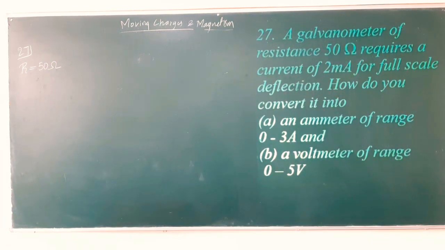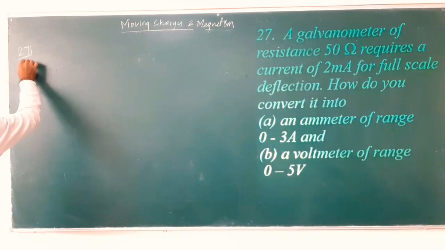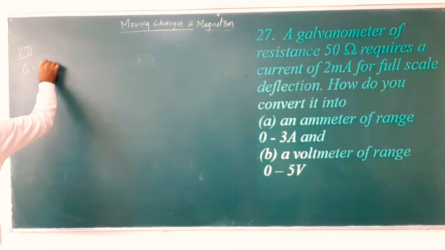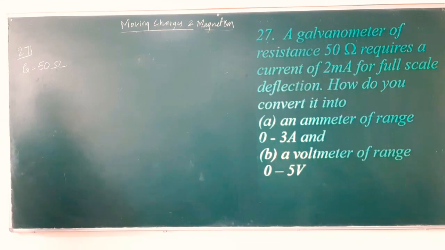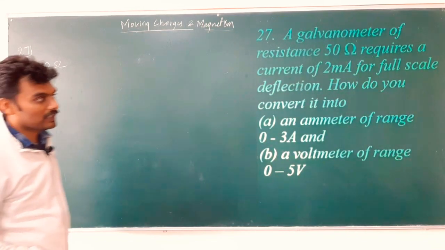We represent the resistance of the galvanometer using capital G, right? So G is 50 ohm. It requires a current of 2 milliampere for full scale deflection.